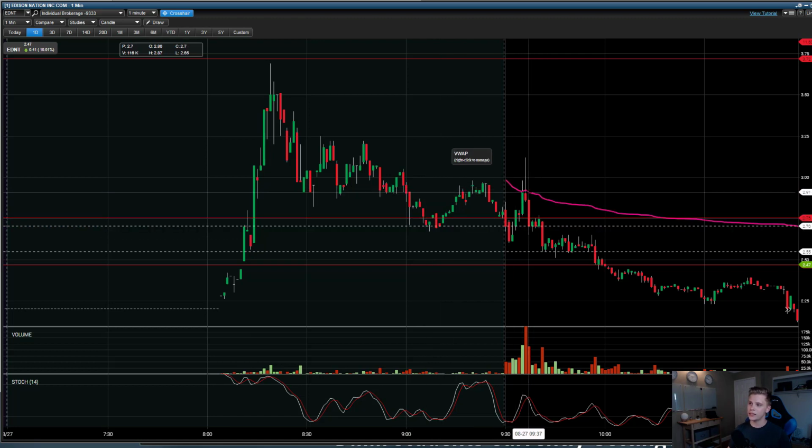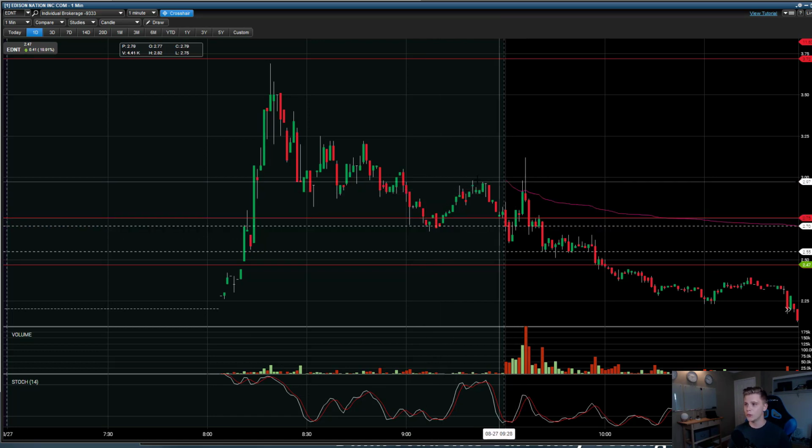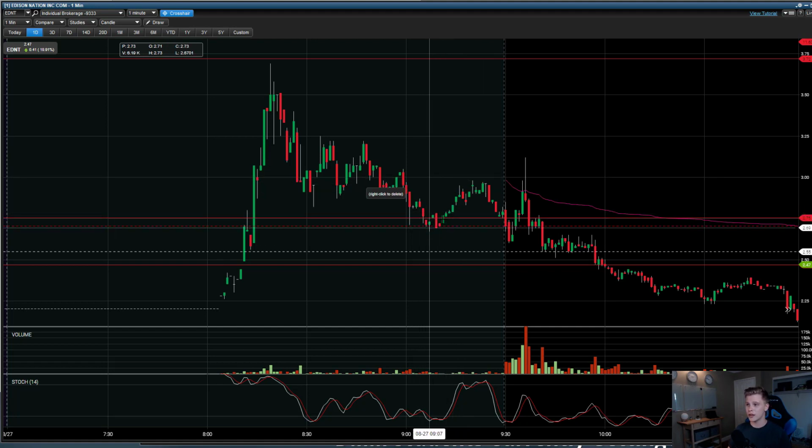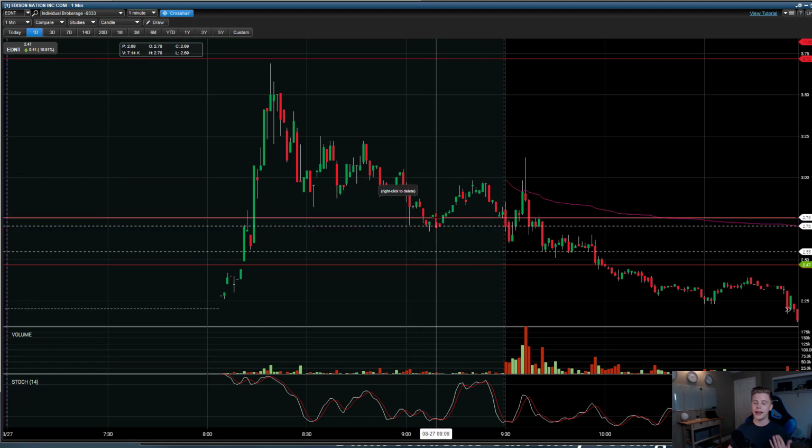And you cannot see it here on eTrade Pro, but the VWAP was around $3, meaning that this stock was under VWAP. So I had recognized that during pre-market, and I knew that this could potentially become an all-day fade. So I was prepared to identify the pattern in real time in case it did come up.